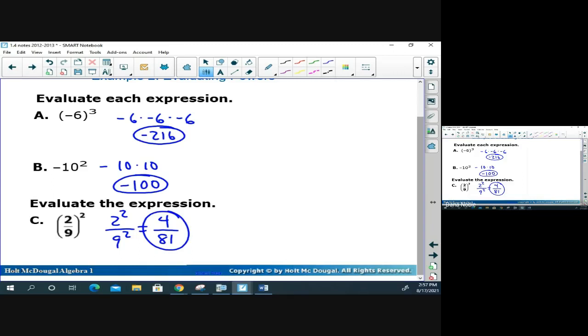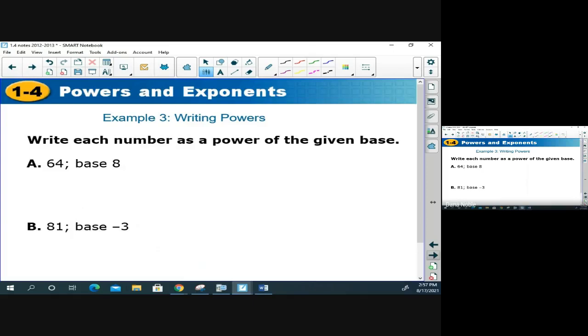Next page, working backwards. Write each number as a power to the given base. They want us to produce 64 with base 8. So that's 8 to the what power? Gotta be a second. 8 times 8. So in letter B, 81 is what they want us to produce using -3 as the base.